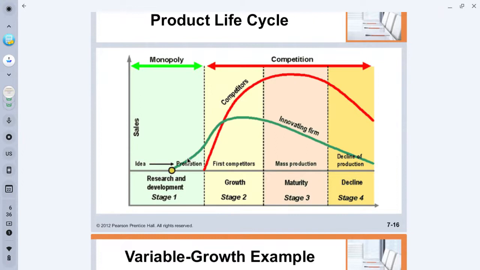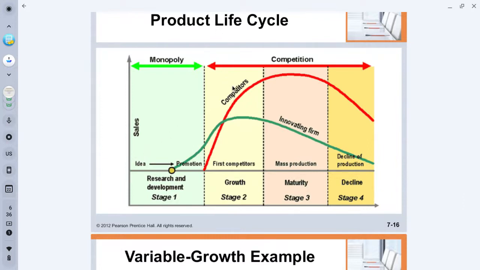When it was in the early stage, right? You enjoy monopoly status. I mean, no competitor. You developed a new technology, and you have the patent. You are the only one. So you almost enjoy monopoly status. And during that period, your sales go up exponentially.